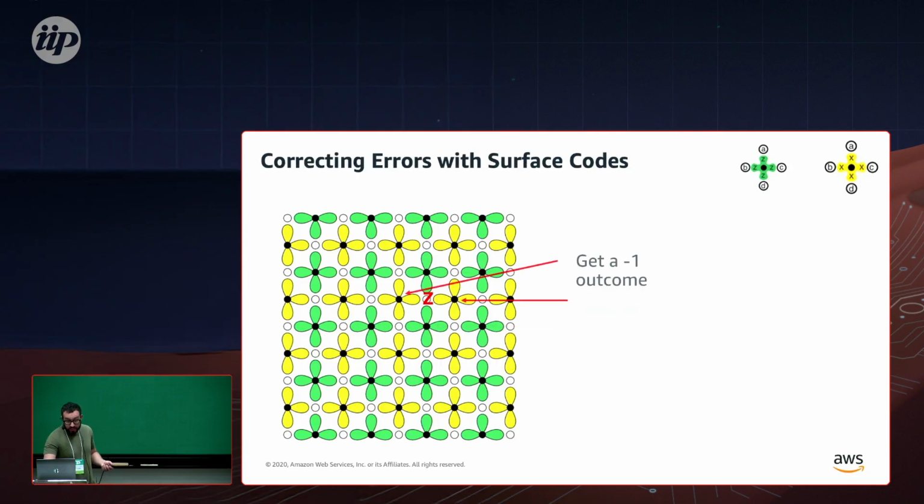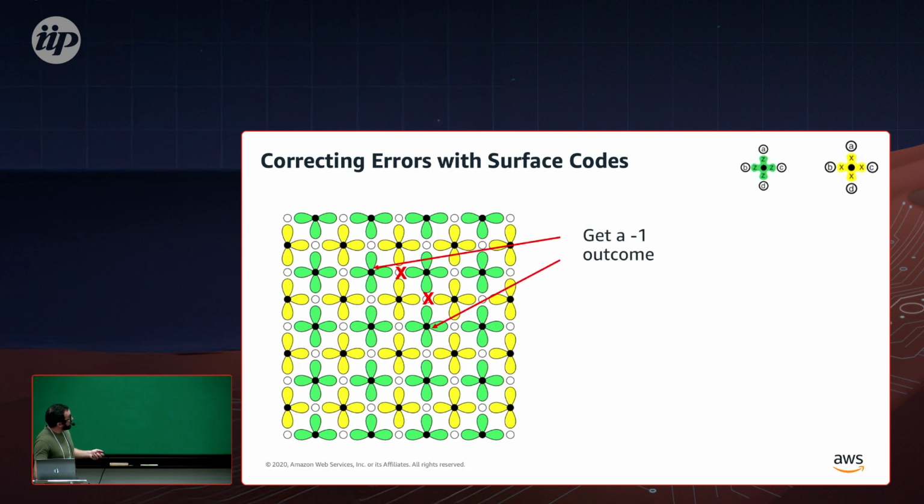Now you have a Z, the same thing, but now the two X stabilizers will flag. These two will flag. Then you know that you had a Z error here. Now suppose you have two errors, XX here. Then again, you measure all the stabilizers, and now those two will flag, this one and this one, the Z stabilizers.